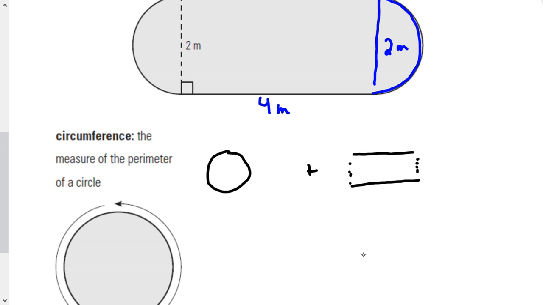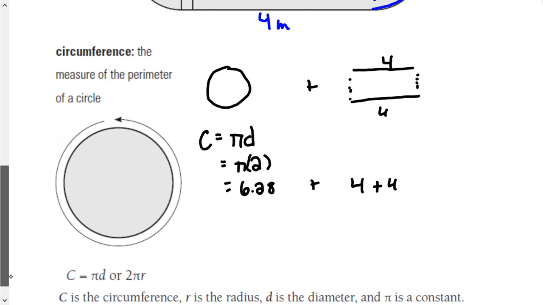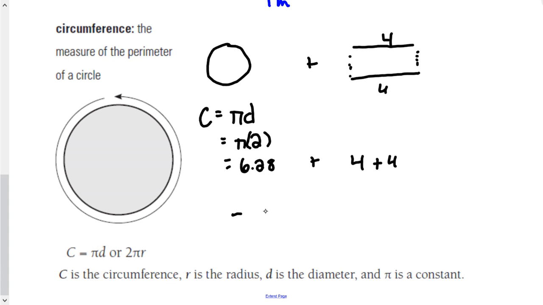So our circle formula is C is equal to pi d, which is pi multiplied by 2 to give us about 6.28 plus 4 and 4. And that's because these sides are just 4, which all together gives us perimeter, which is equal to 14.28 meters.